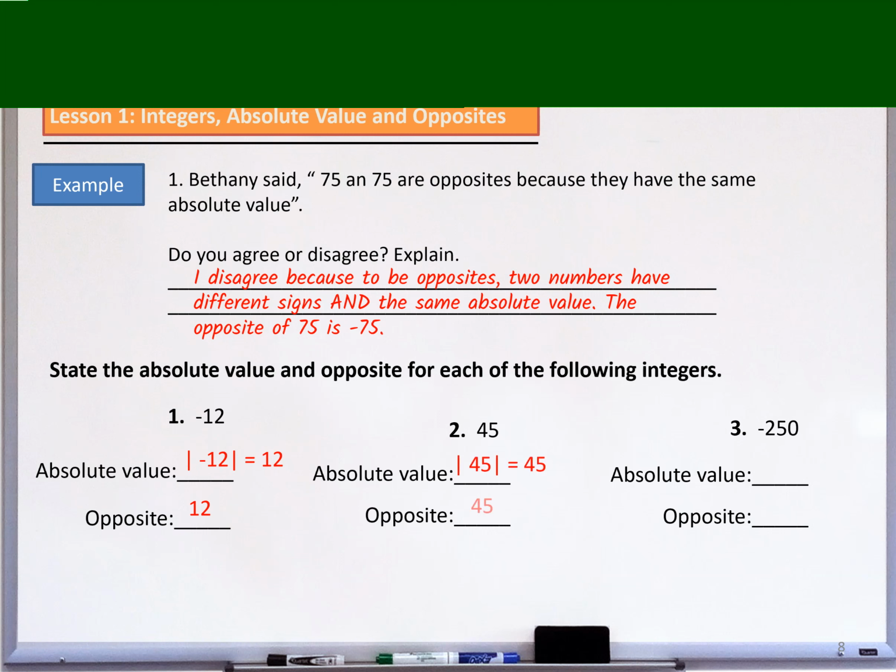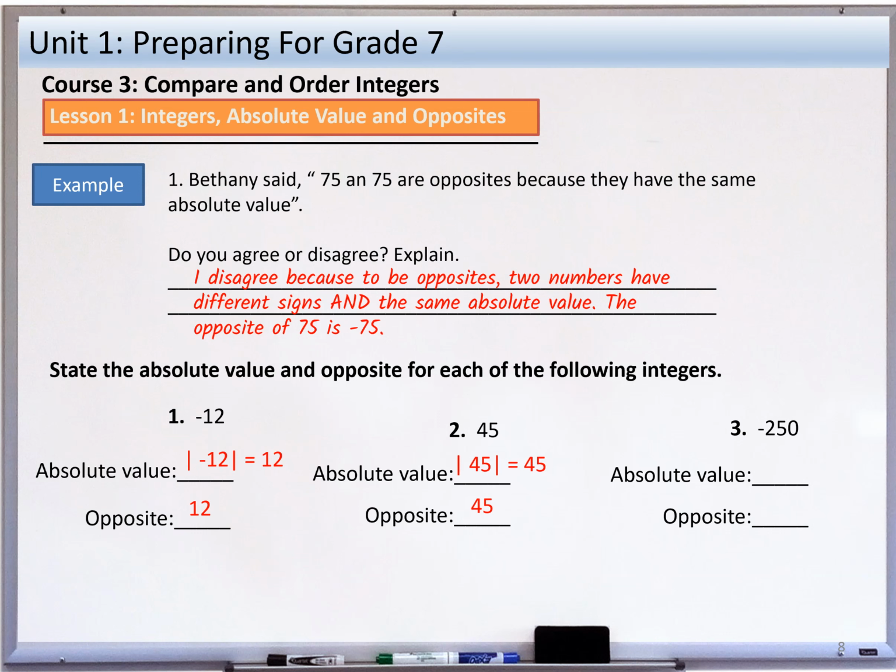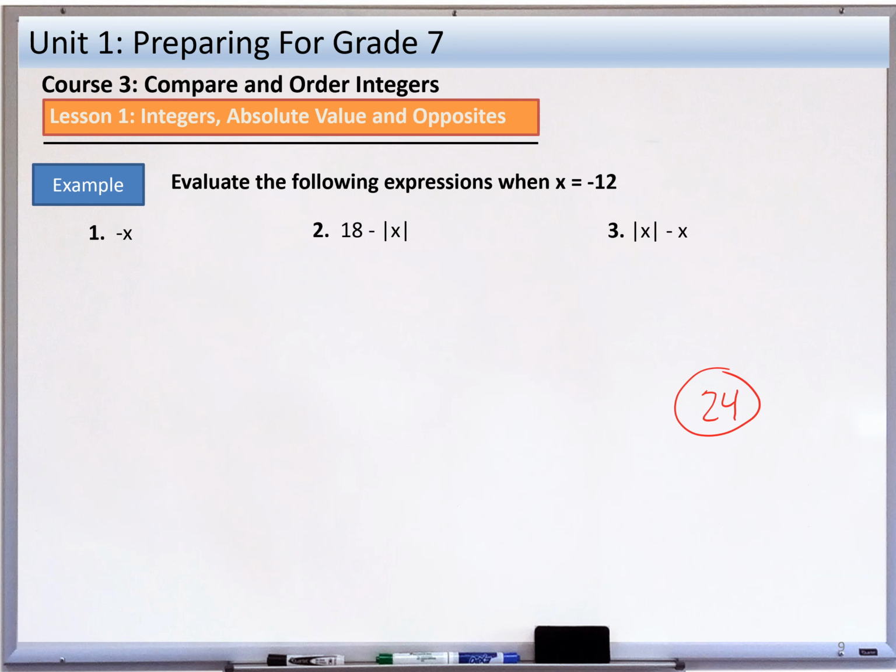The absolute value of 45 is 45, and the opposite of 45 is not 45, it's negative 45. Negative 250. The absolute value of negative 250 is 250, and the opposite of negative 250 is 250. So I guess I gave you the answer to that one.